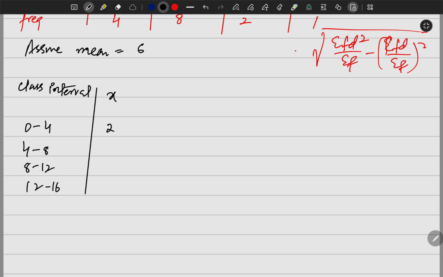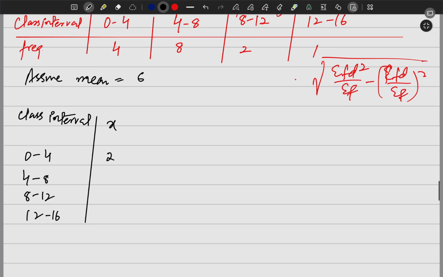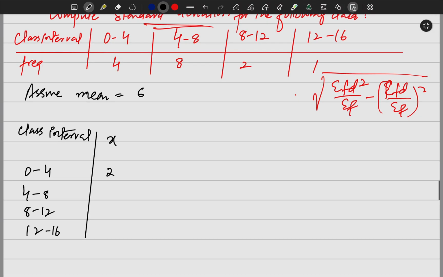So we have the frequency first, f. So f is given, that is 4, 8, 2, and 1. Then we will find the x, that's our midpoint. 0 to 4, that's 2.